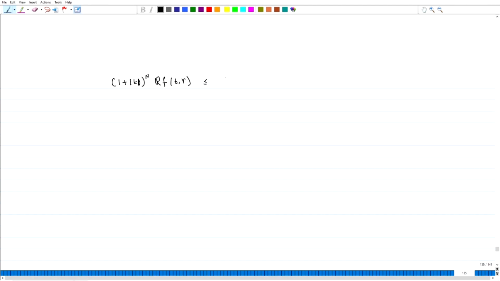This is less than or equal to 1 plus mod t to the power n, integral over R 2 of f of t gamma plus u du. Taking the mod inside, this is less than or equal to 1 plus mod t to the power n times the integral over R 2 of some constant a n by 1 plus mod u to the power n, 1 plus mod t to the power n, du, because f is in the Schwartz space, as we have seen.